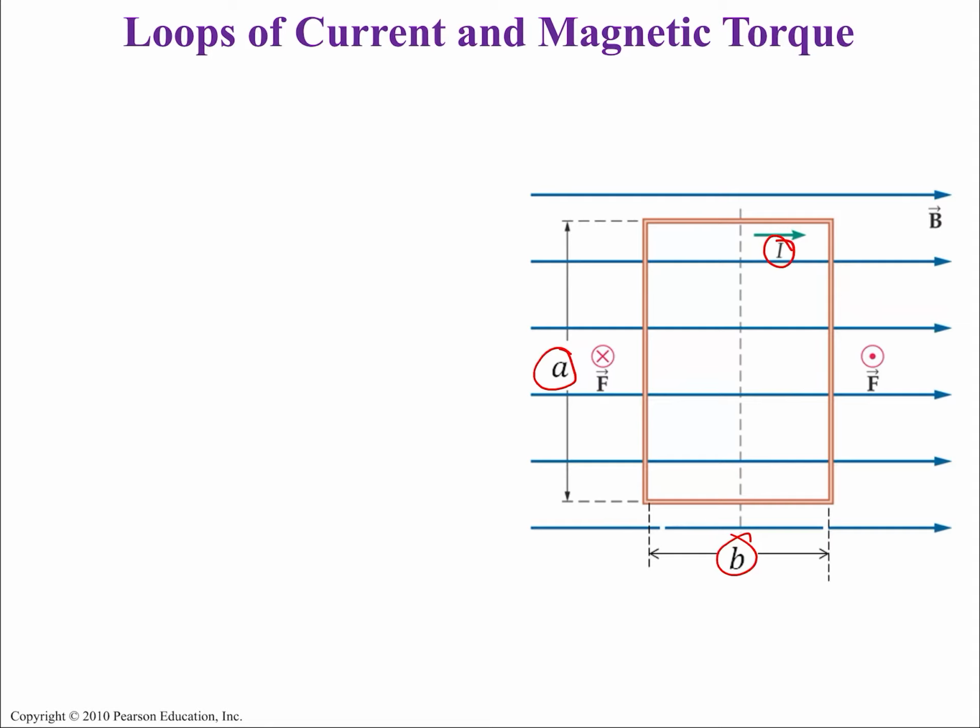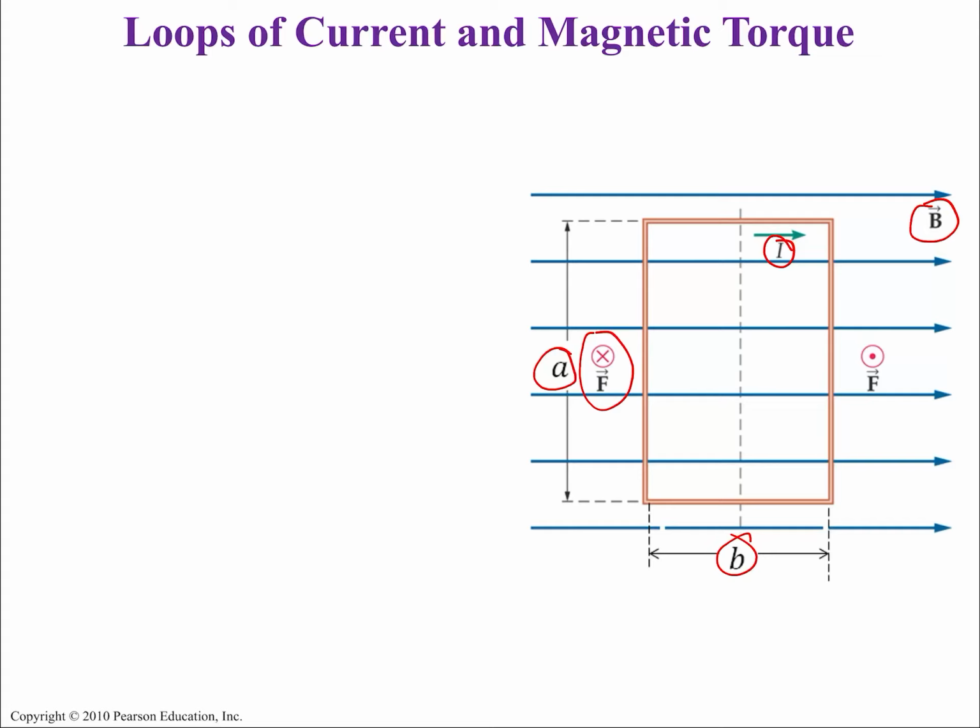We place this loop in a magnetic field of magnitude B, in the direction from left to right. Use your right-hand rule to figure out the direction of the magnetic force exerted on the sides of this rectangular loop. And you will see that on the left side, the cross indicates that the force is perpendicular to the page going into the page.